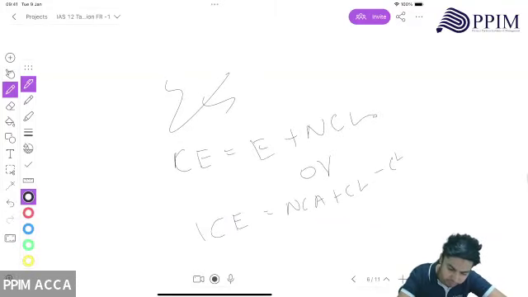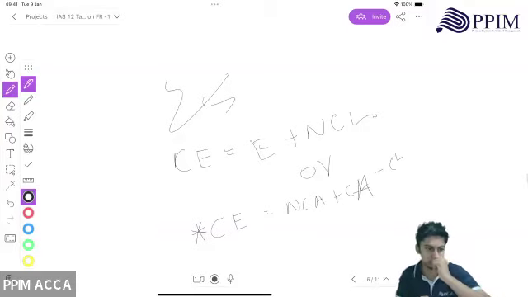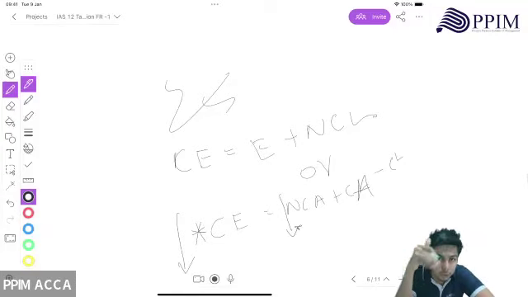Are you okay with this second equation I have put on the screen regarding capital employed: non-current assets plus current assets minus current liability? Now see what's going to happen. When you hold old non-current assets, the non-current asset value will be less. When it is less, capital employed will go down, so your denominator is small.